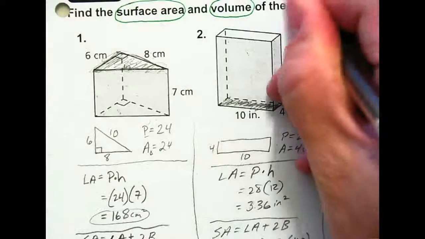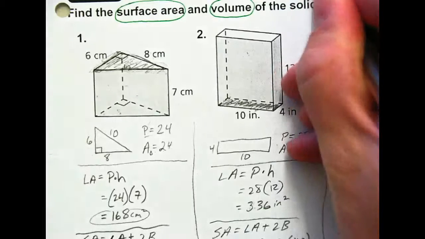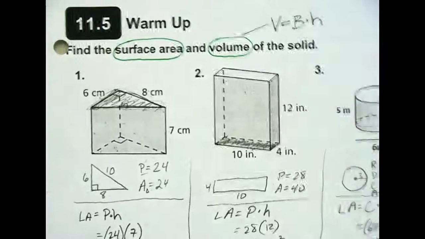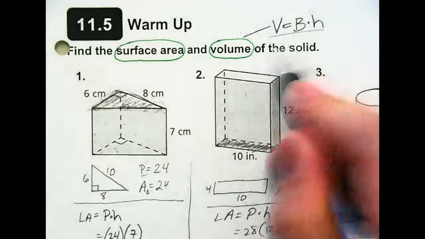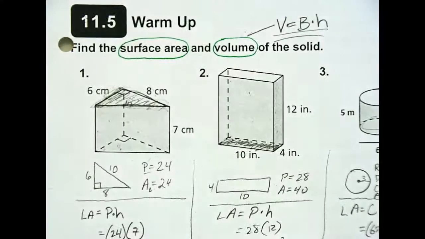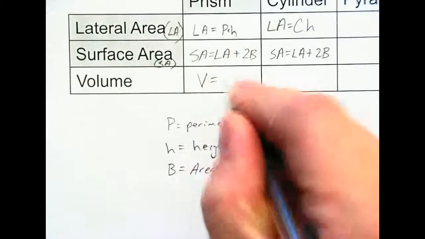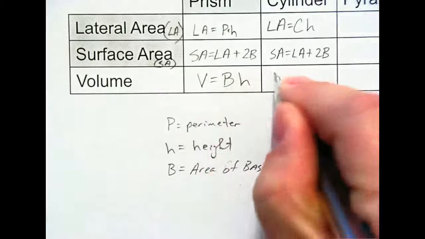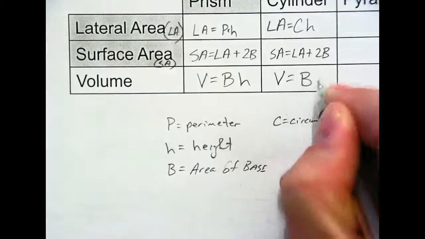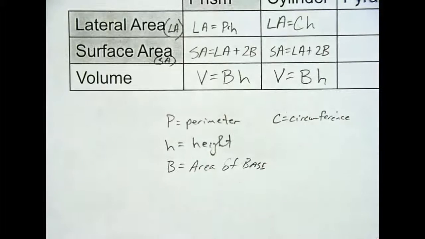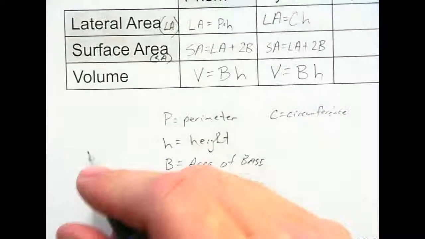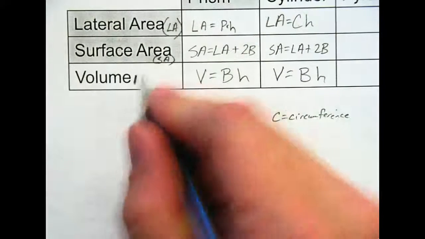Volume equals the area of the base times the height. That's all it is. That's our formula. So if you're filling this out, the way these two things relate, they're the exact same formula. It's just the base changes. And it can change in any prism or cylinder, right?